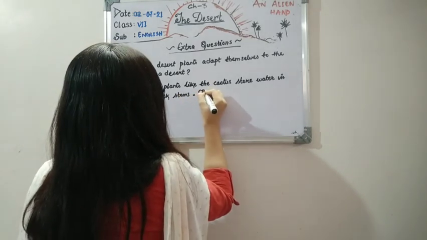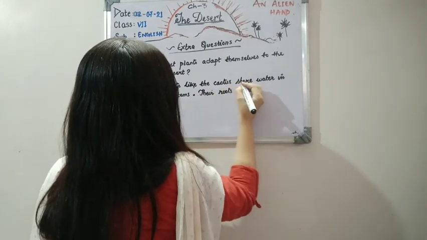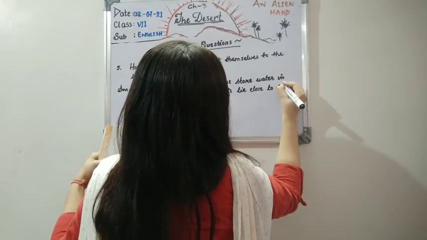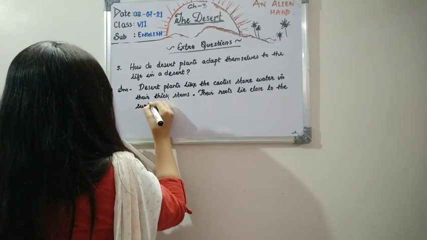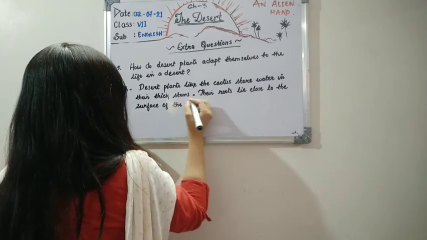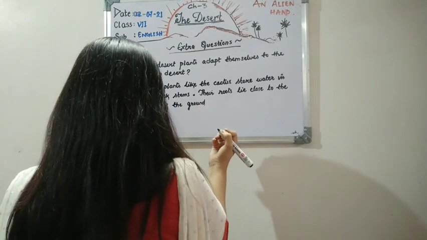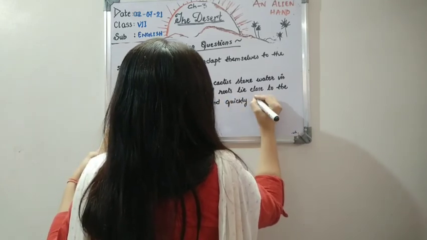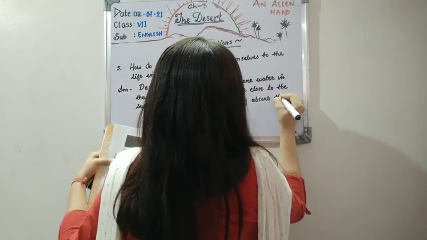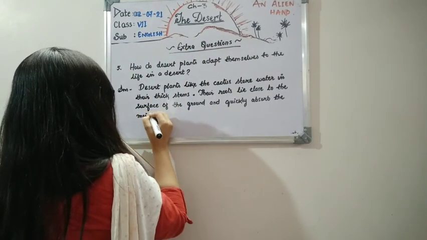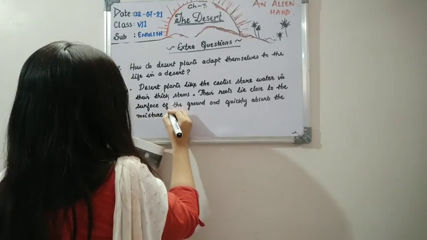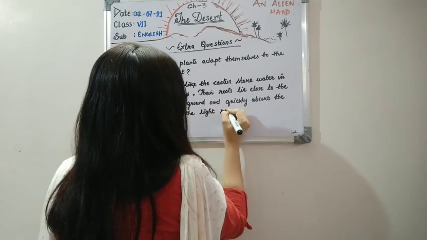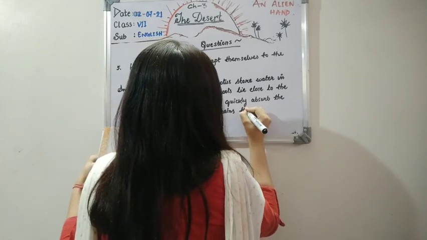Their roots lie close to the surface of the ground and quickly absorb the moisture from the light rains that occasionally fall.